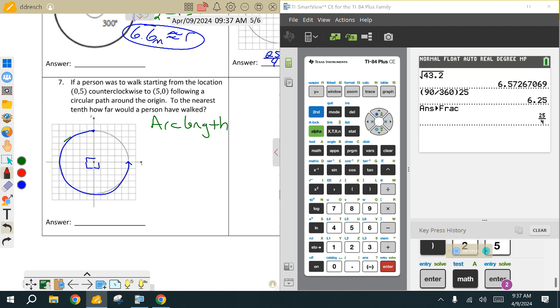So we're doing the same thing. Exact same startup, a fraction of something, but in this case it's a fraction of what? 2 pi r. And what is that radius here? Radius is still 5, but it's not 25 pi, is it?